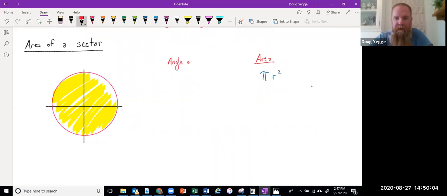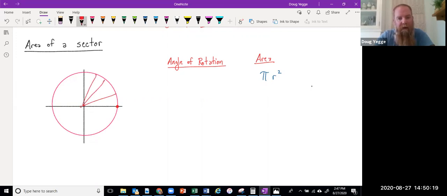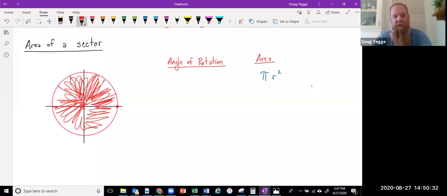So in order to think about the angle of rotation, we're going to look at this diagram a little bit differently. And we're going to think about this kind of like a windshield wiper. As I start to rotate around, I'm accumulating more and more area. So all of this area starts accumulating as I start moving my way around until I finally get all the way around to the full angle.